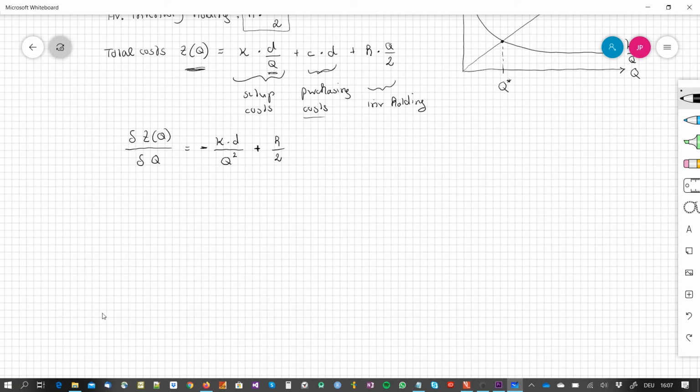And to find the optimal point, by the way, this is the first derivative, we also have to check the second derivative. If that is positive, then we have a minimum point, so we need to check that as well. I skip this for the time being.